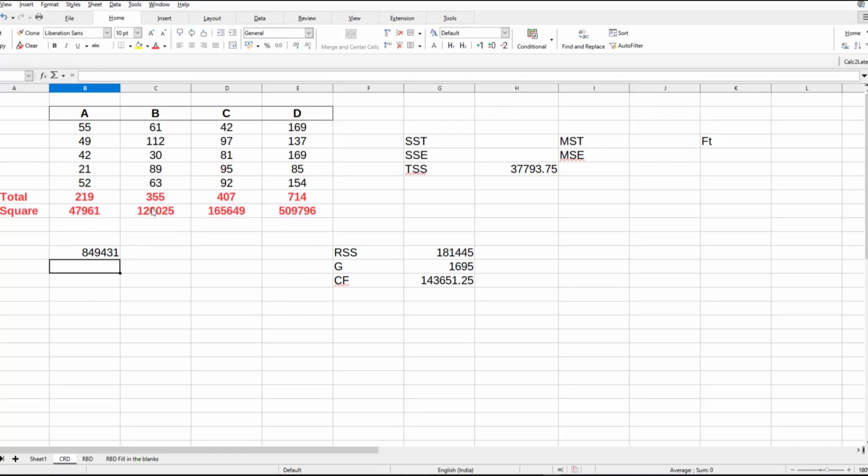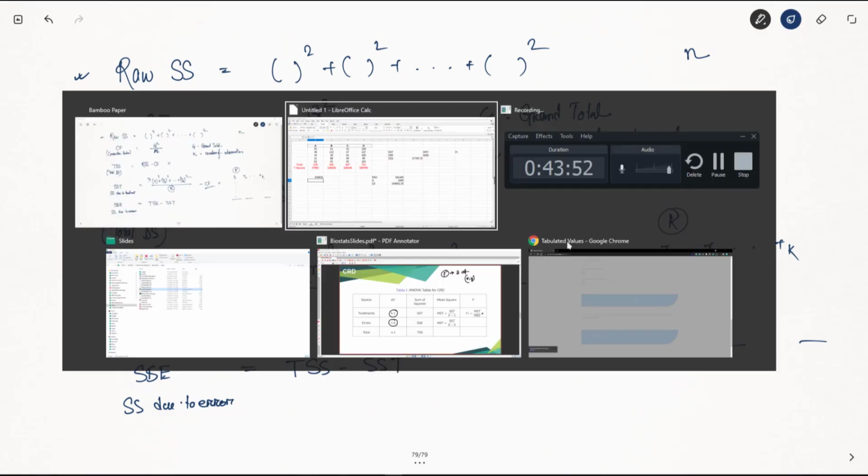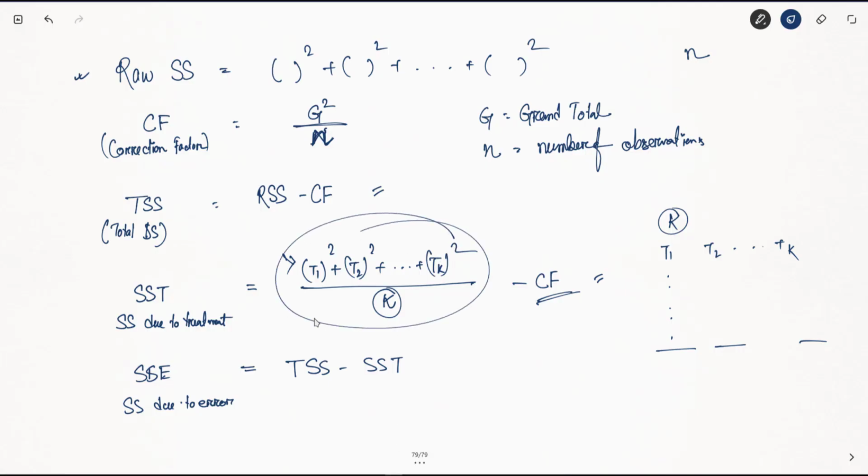This is a total of T square, the numerator: T1 square, T2 square, T3 square, T4 square, because we have 4 treatments. Now this is the number of repetitions per treatment, so we will divide it by 5, right? So this 1698862 is giving us the entire figure.